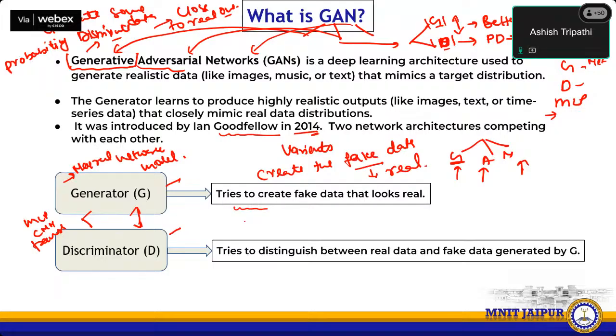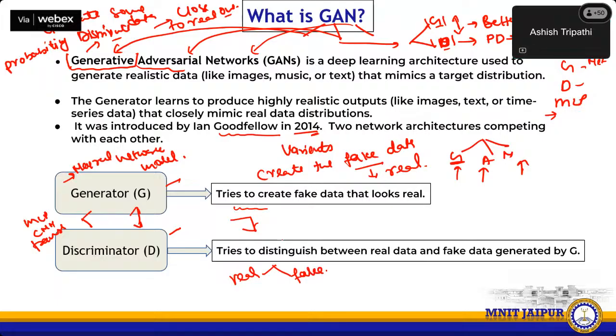And what is the role of the discriminator? The role of the discriminator is just the opposite of the generator. The role of the discriminator is basically to classify between the real and the fake data. That means it has to distinguish between the real and the fake data.